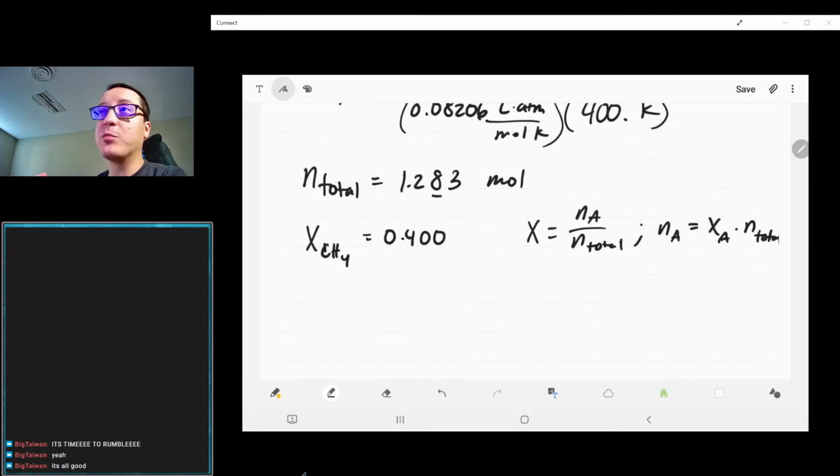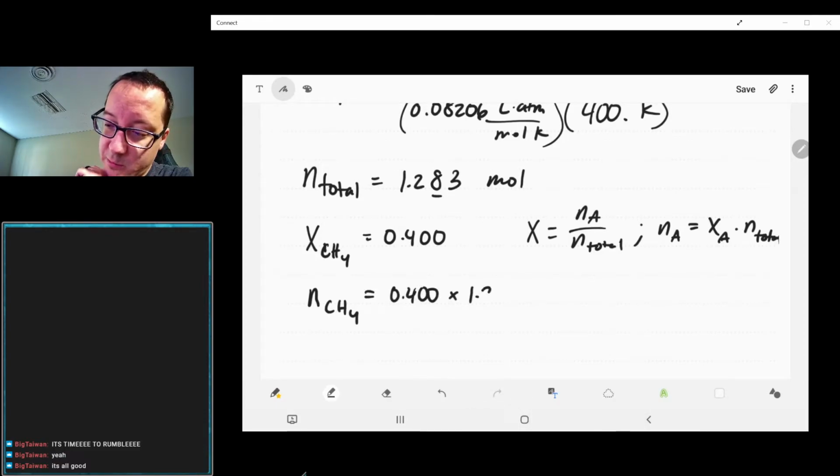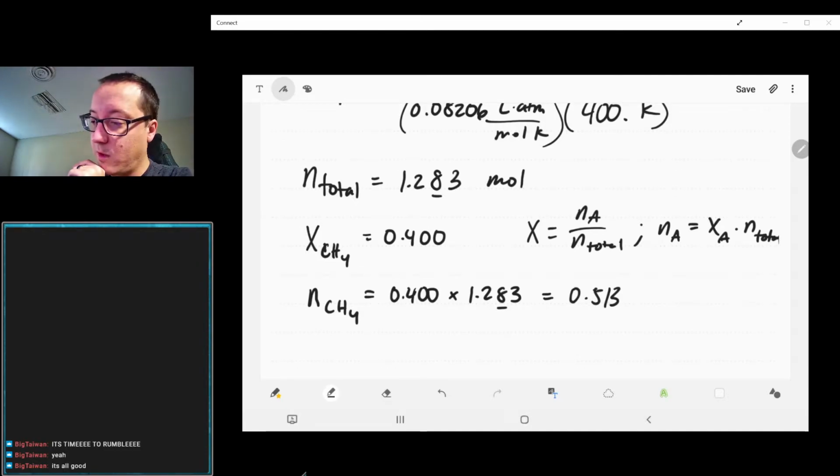Just like the partial pressure is mole fraction times the total pressure, it's exactly the same here. So the moles of methane is 0.4 times 1.28. Multiply that by 0.4, we get 0.513 moles of methane.